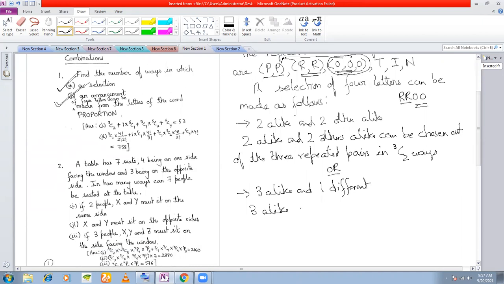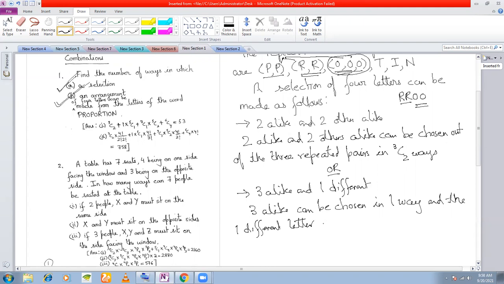So three alike can be chosen only in one way, that is, you select that only. What about the one different letter?